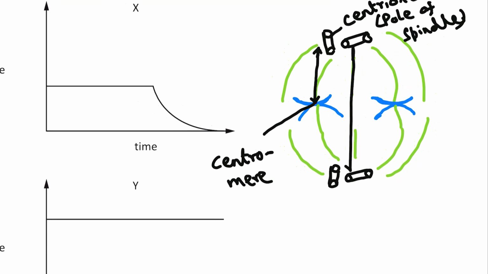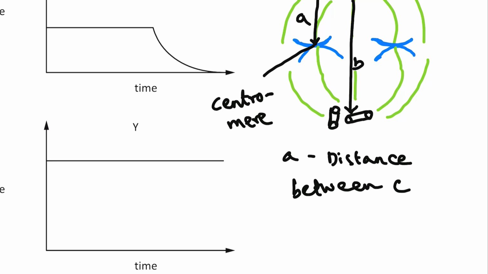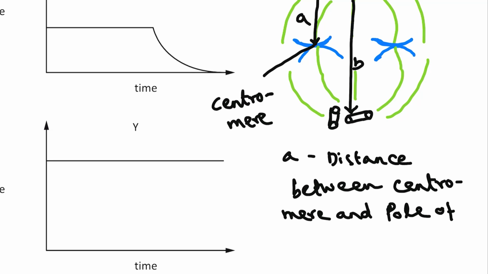Okay, then another distance is between the poles of the cell or the centrioles, the distance between centrioles, right? So for example, this is distance A, this is distance B, for example. So we can say that A is the distance between centromere and pole of the cell, or the pole of the spindle.